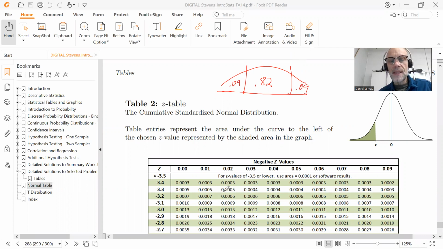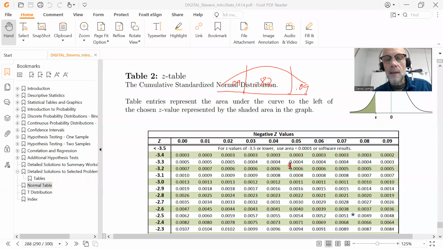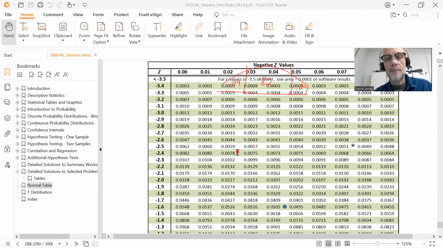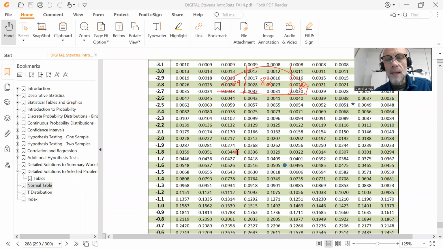So then we've got to go inside the table and try to find something as close as we can get to 0.09. You'll notice that's too small, 100 times too small, right? So let's keep going.